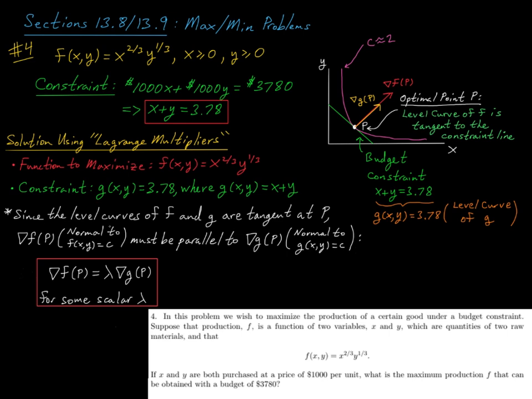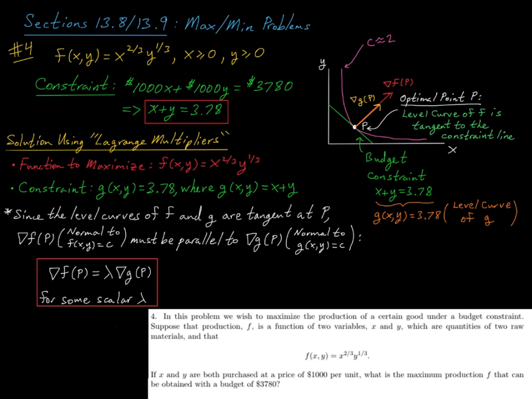And I note here that since the level curves of f and g are tangent at P, if I look at the gradient of f at P, which I know is normal to this purple level curve, and you see that here in red, it's got to then be parallel to the gradient of the function g at P. And I know that the gradient is normal to the level curves of g.